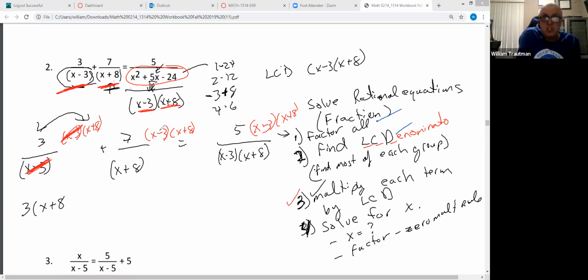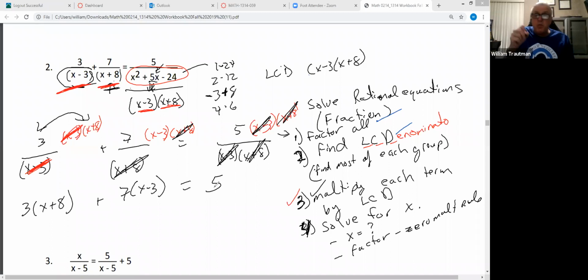The next fraction, x plus 8, x plus 8 cancel. What's left is the 7 times the x minus 3. Here, x minus 3 cancels with the x minus 3. x plus 8 cancels with the x plus 8. And we're just left with a 5.